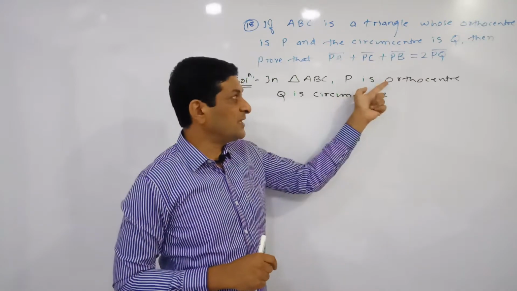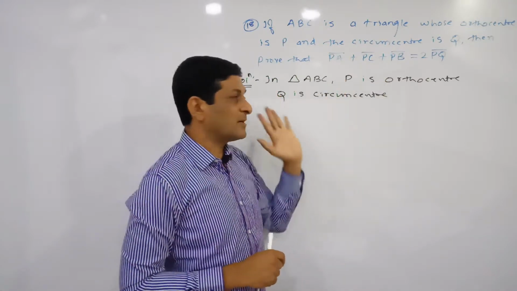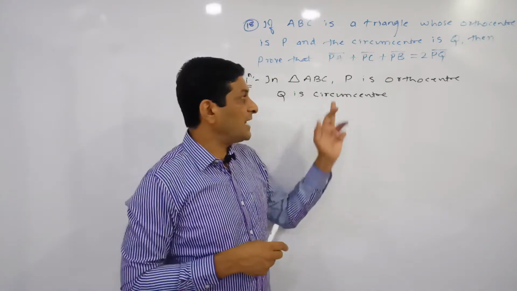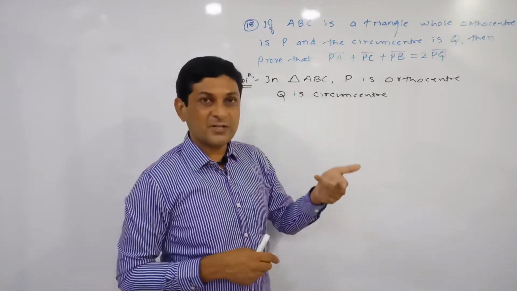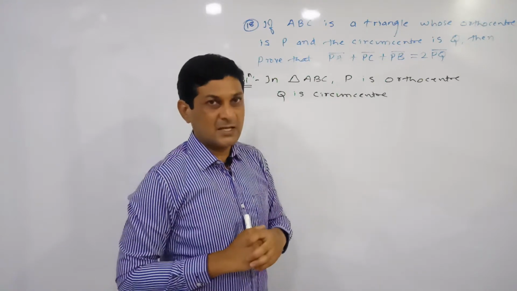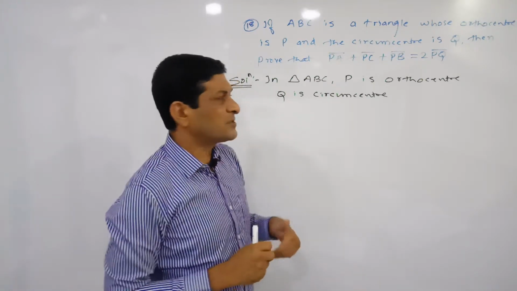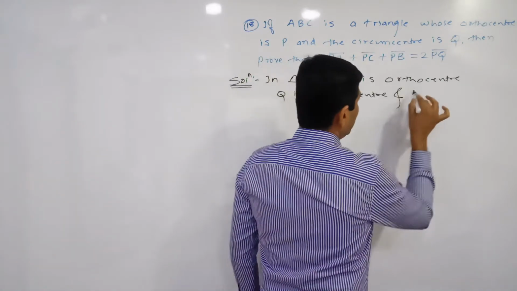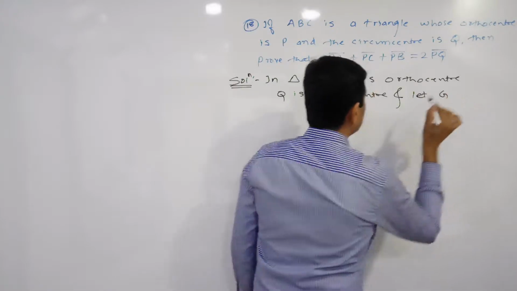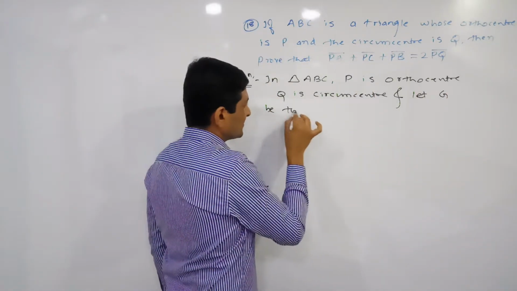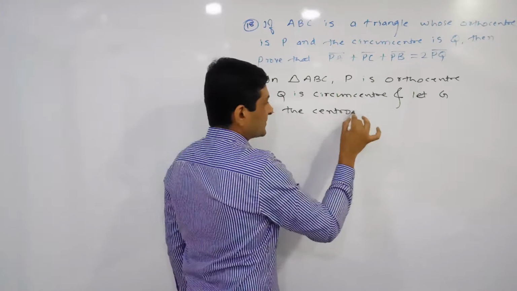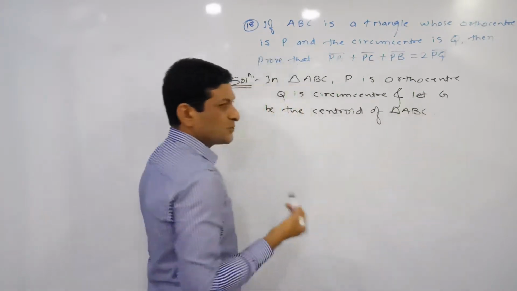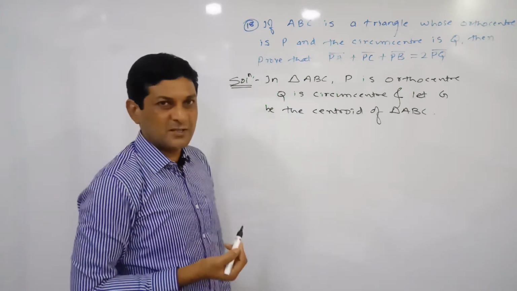Now here the orthocenter is denoted by P and the circumcenter by Q. Orthocenter means the point of intersection of altitudes, and circumcenter means the point of intersection of perpendicular bisectors of the sides of a triangle. Now let us denote the centroid of the triangle by G, and let G be the centroid of triangle ABC. Since we are using the vector method, first define the position vectors.